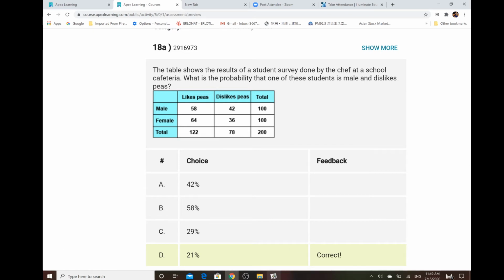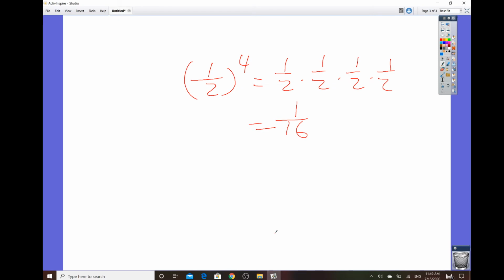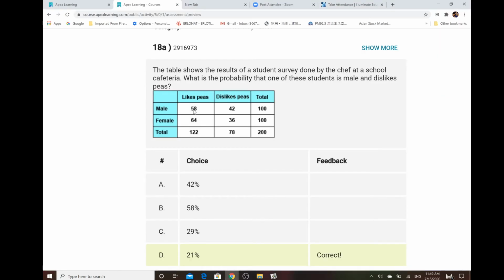Okay, so let me just set it up here. Selecting the number of males first, times the number of males who like Pete's. Let's go back to the table. So that'll be 58 over 100.